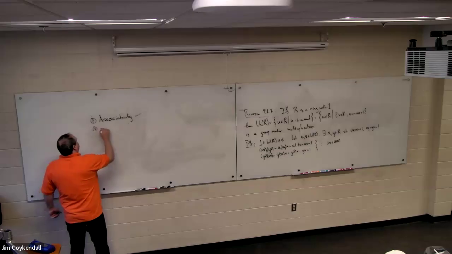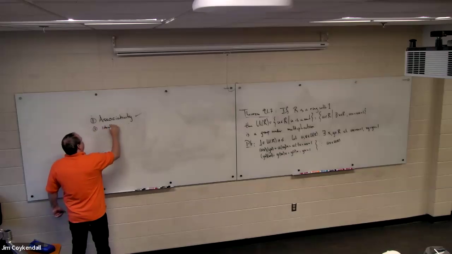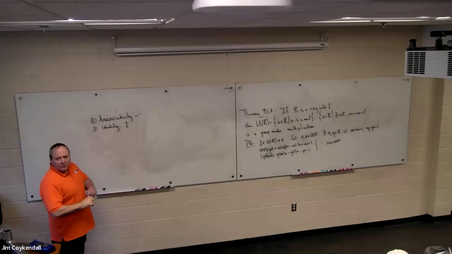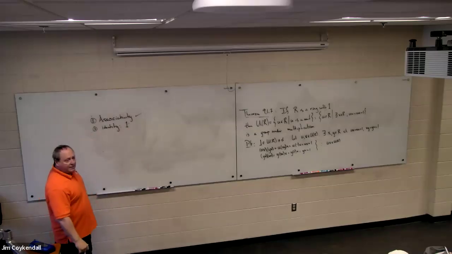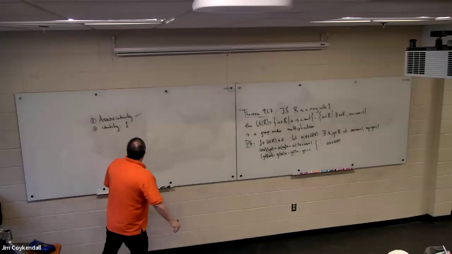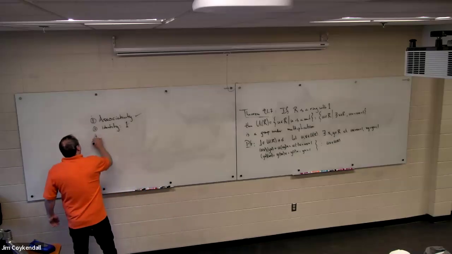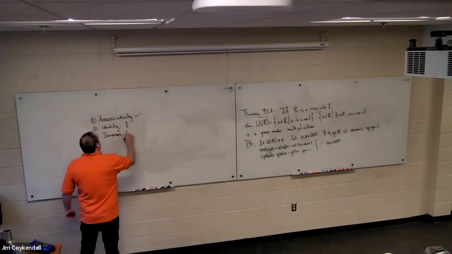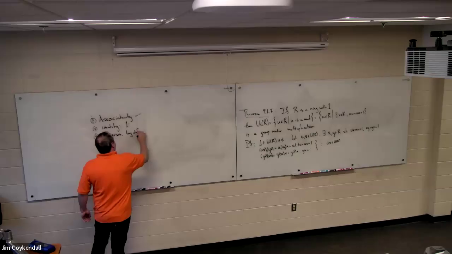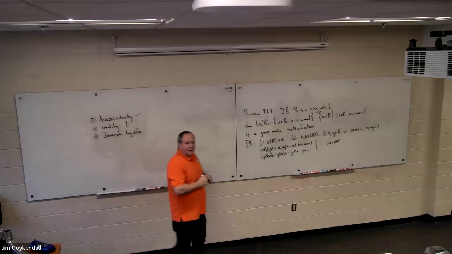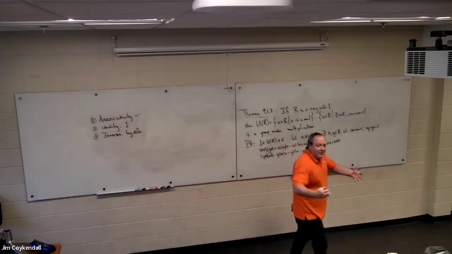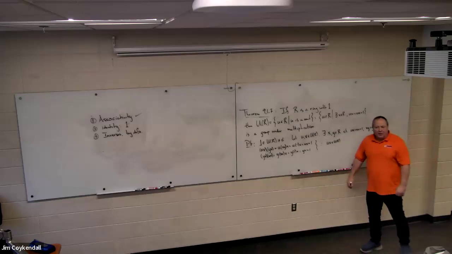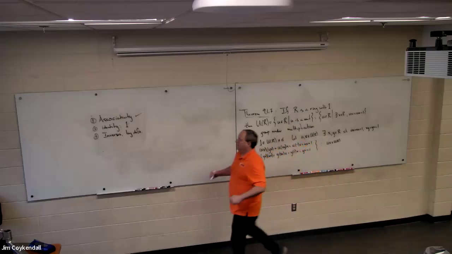Identity. That's just the one that I've already noted is in there. And inverses. By definition. Because what it means to even be a unit is it's got an inverse, right? So this forms a group.